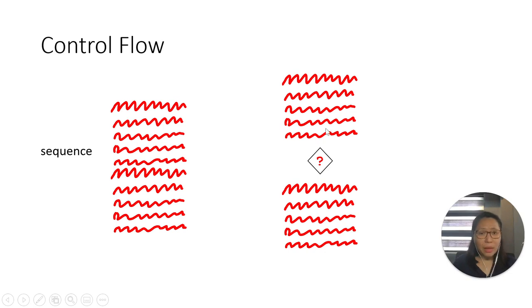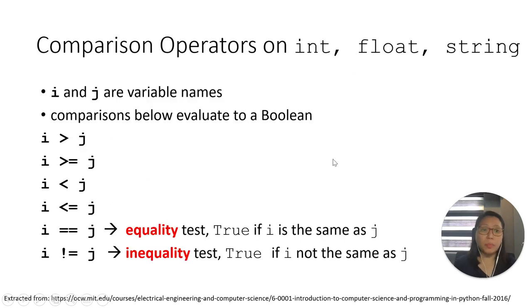We can do this test using comparison operators. So let's say we have the variables i and j. Below are some comparison operators which evaluate to a Boolean.